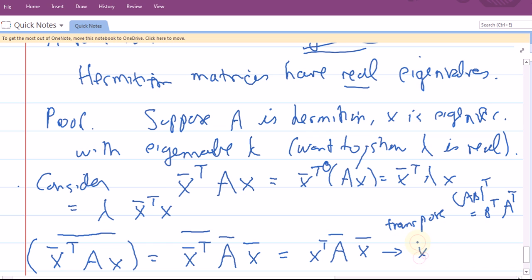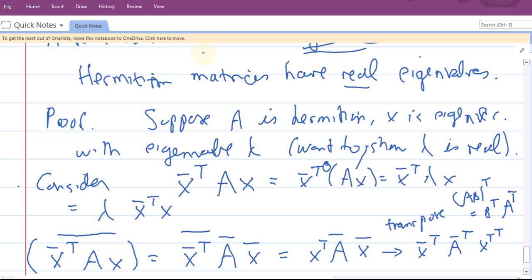So that would give me x conjugate transpose, then A conjugate transpose, and then x transpose transpose, but x transpose transpose is equal to x.